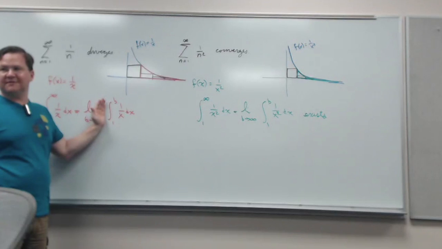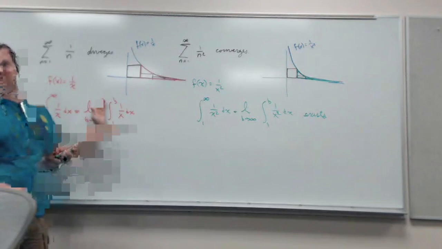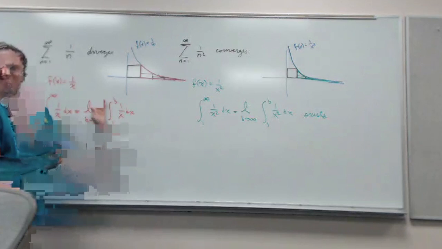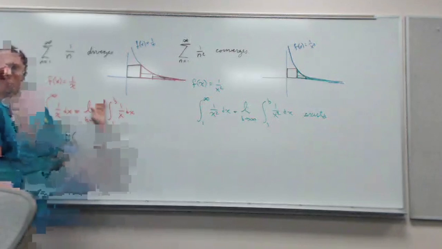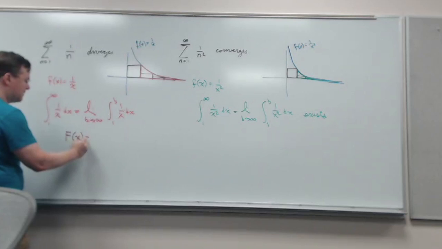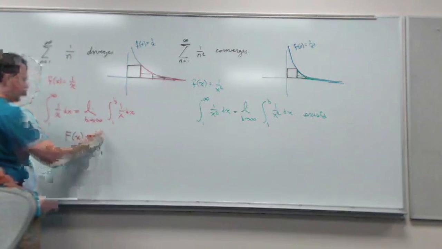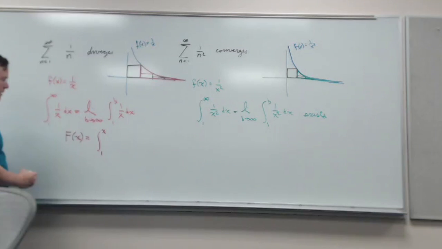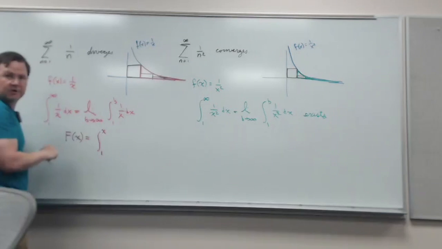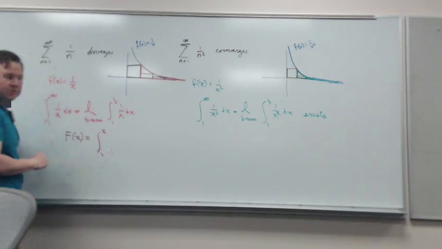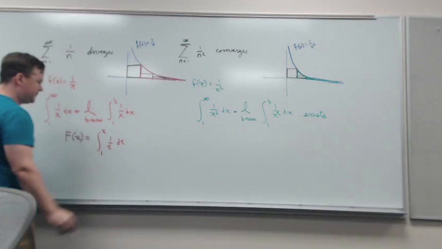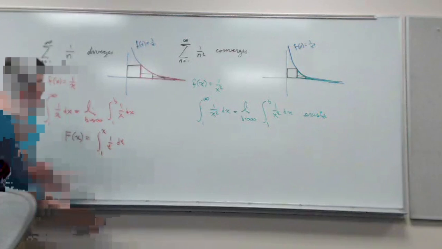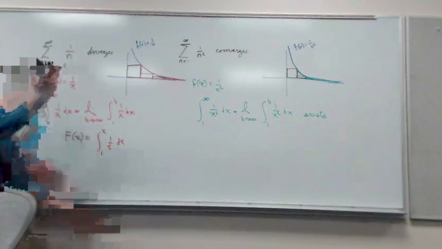If I was to define a new function, I'll call capital F as a function of x, I'm going to call it the area from 1 to x. I better not use x here for the integration variable, so I'll just say 1 over t dt. And what that represents is the area from 1 up to a certain point.